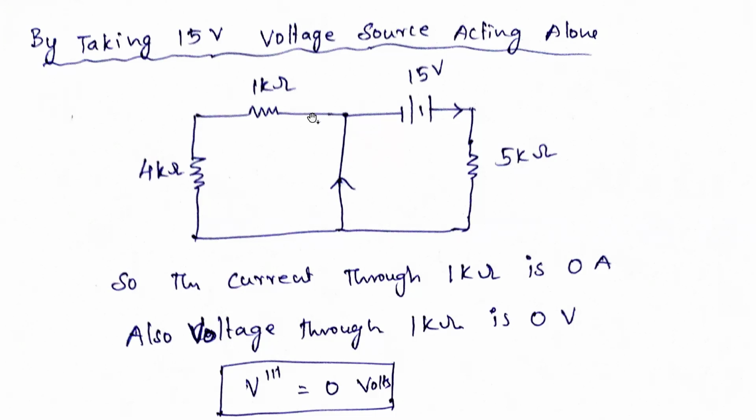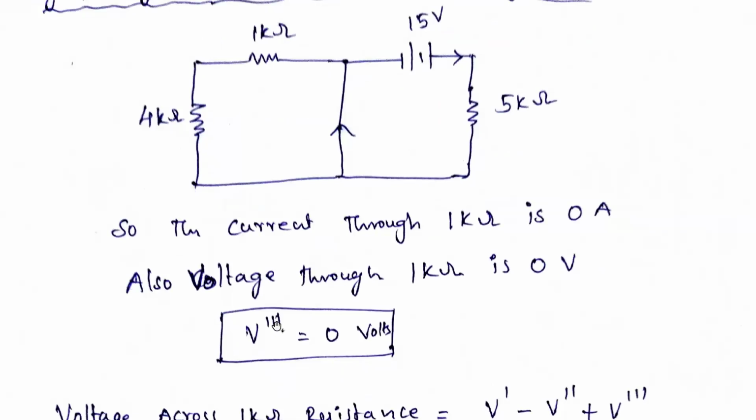No, it is zero, because the current will always follow the closed loop path. So no current flows to the 1 kilo ohm, because here it is short circuited. So the current through the 1 kilo ohm is 0 amperes, and if the current is 0, the voltage is also 0. So V triple dash is 0 volts.